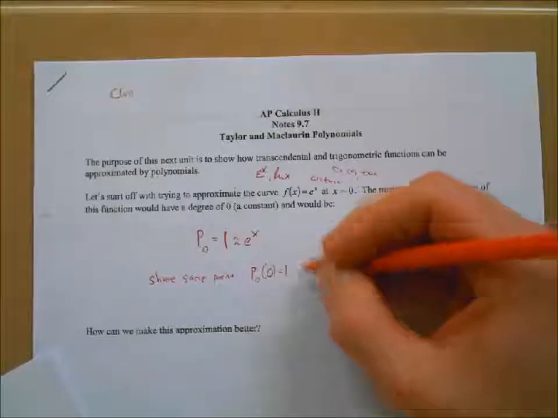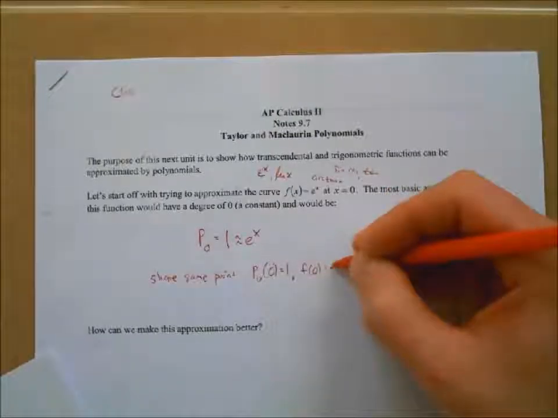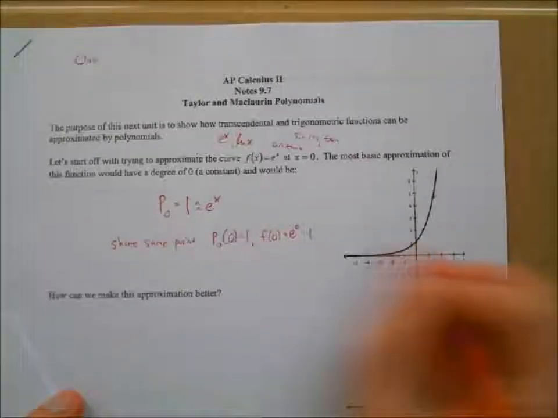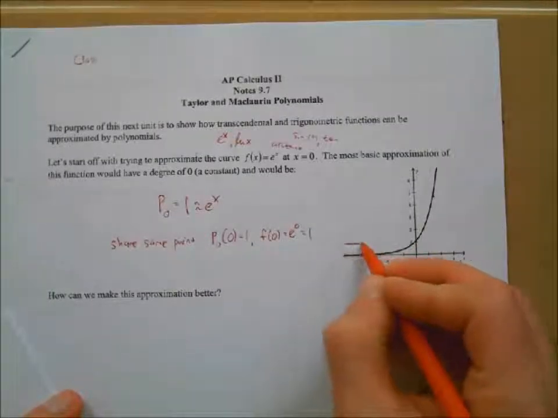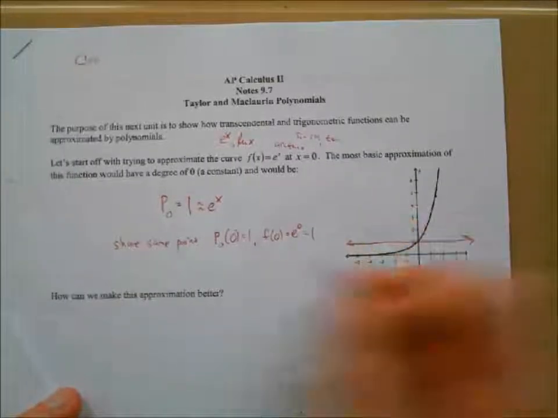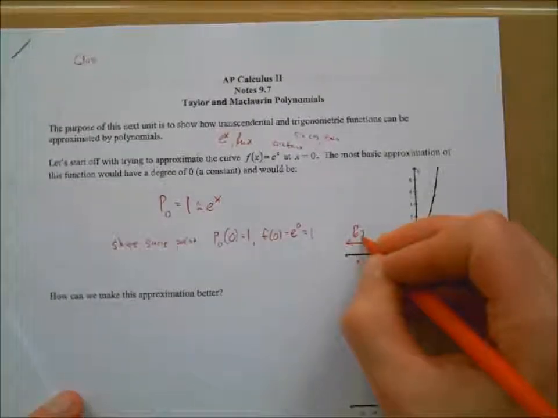And also the actual function, f of 0 is e to the 0, which is also equal to 1. So right now, at 0, we have a perfect approximation. Of course, as we move, we're going to be off from that. I'm also going to draw a sketch of that approximation polynomial right there. P sub 0 equals 1, so this is P sub 0 right there.